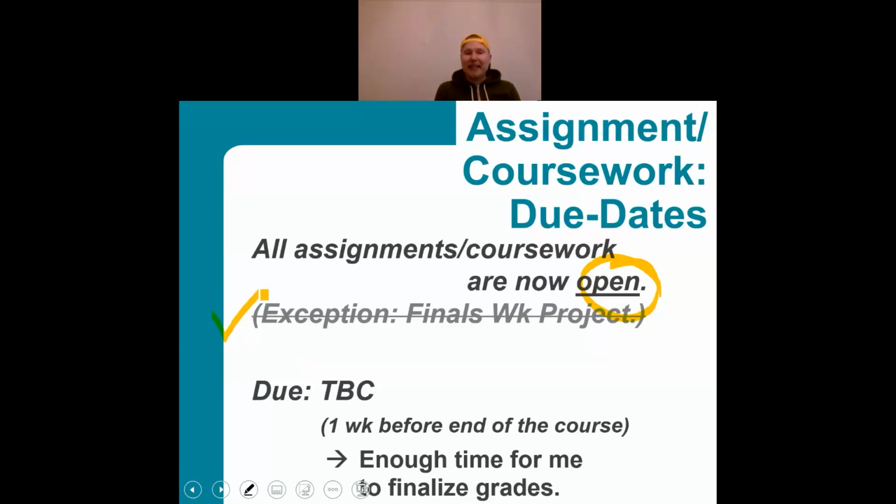If that is the case, you are able to do so. All of the assignments, all of the coursework are open, as well as the exams. So what I'm asking is that we follow, and I will come back to that, what the final due date is for the very last pieces of work, probably next week, but I will need to make sure that I have enough time to finalize your grades as well.